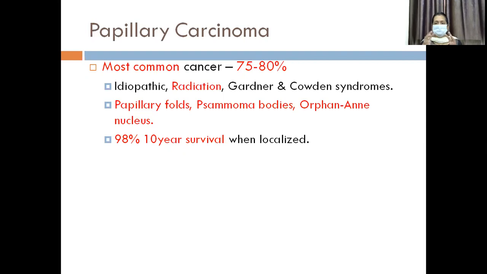If you are seeing that type of nucleus even in an encapsulated solitary nodule wherein you're finding the papillae and the nuclear features are abnormal, then you should think about it as the encapsulated papillary carcinoma variant.